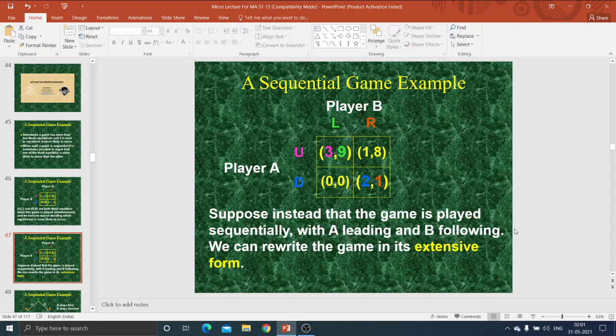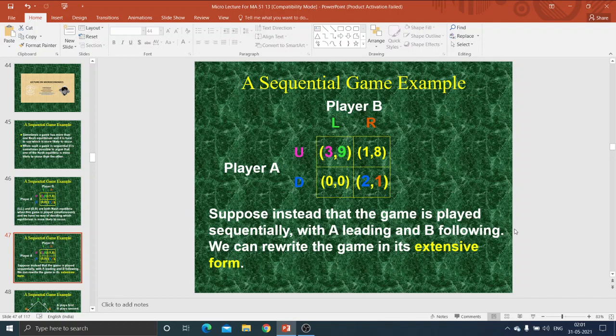If A moves to up, then B has the strategy of left and right, where left is desirable in this particular case.